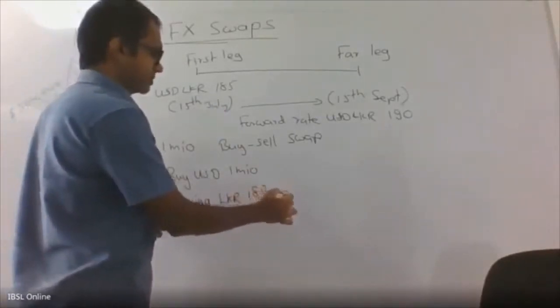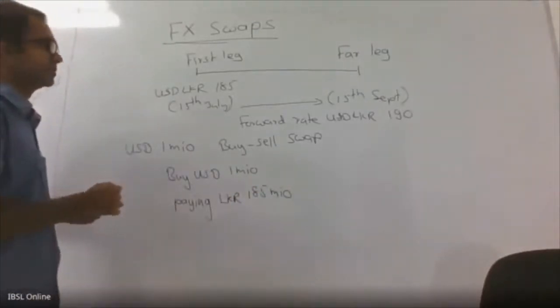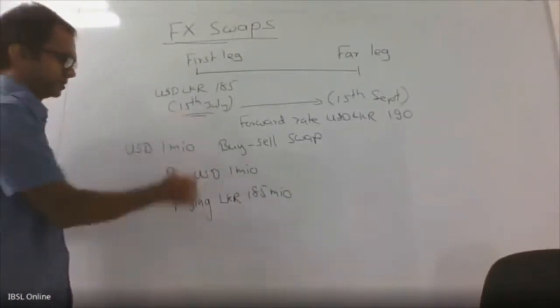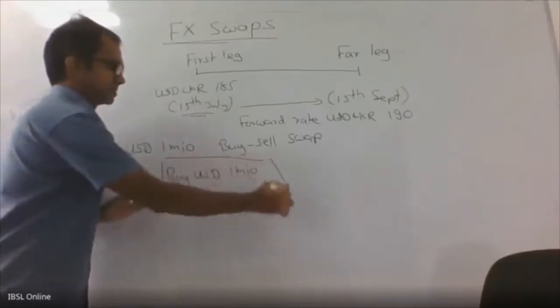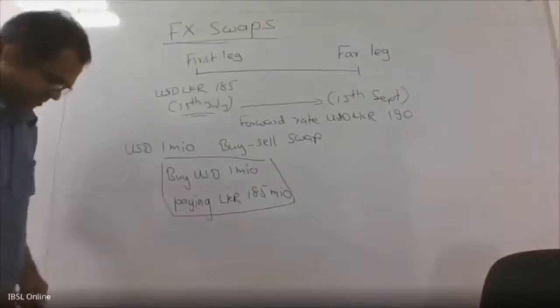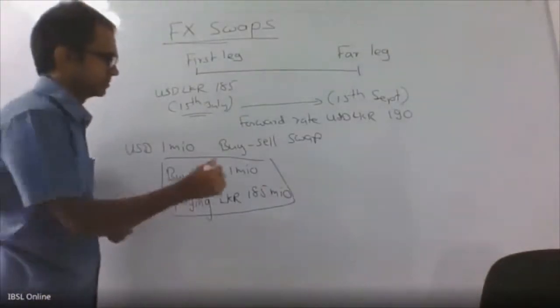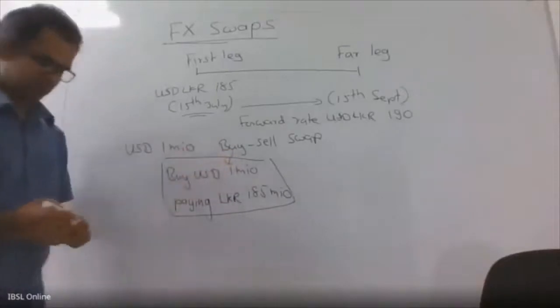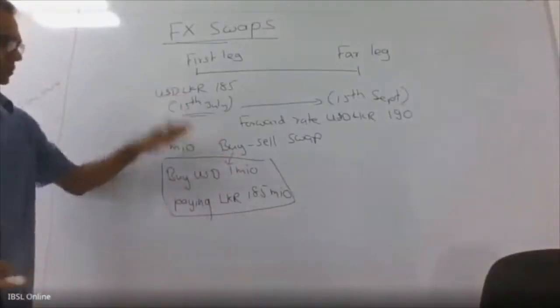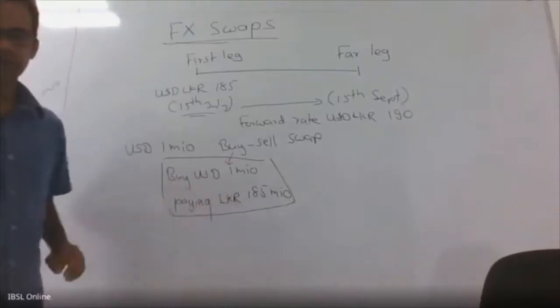You do it on 15th July. This is the buy transaction. On 15th July, you buy $1 million by paying 185 million rupees.